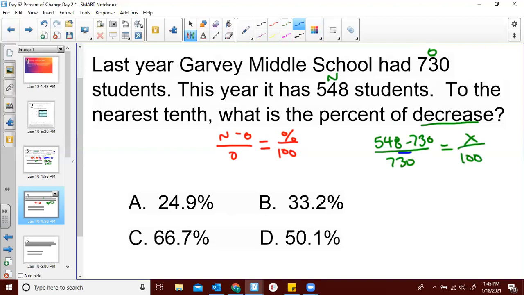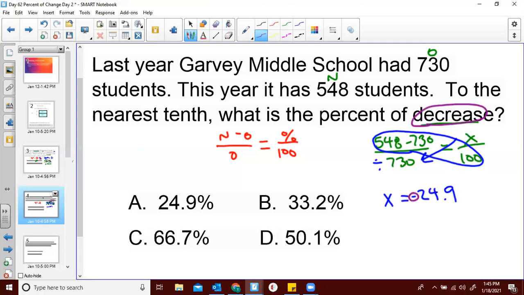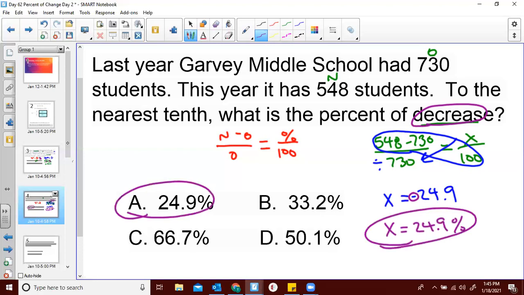Again, we're going to cross multiply, divide by X's partner, and X is going to equal negative 24.9%. Well, remember, this negative just means that we're decreasing, so we will just say 24.9%, and that is a decrease.